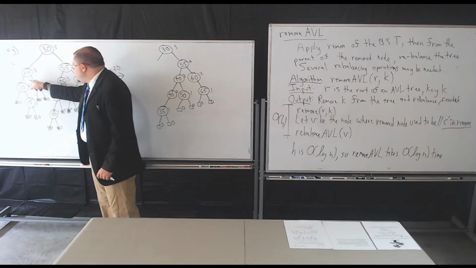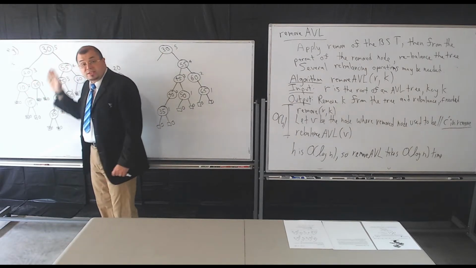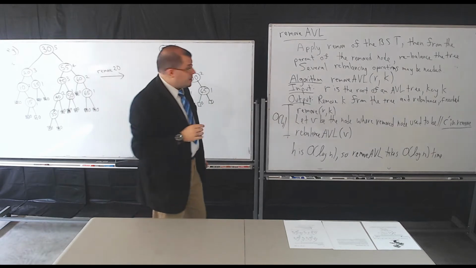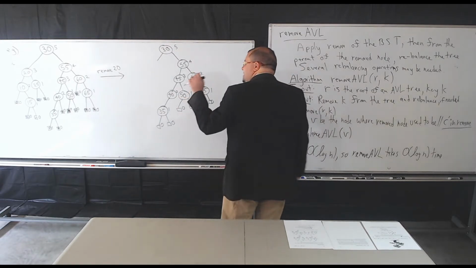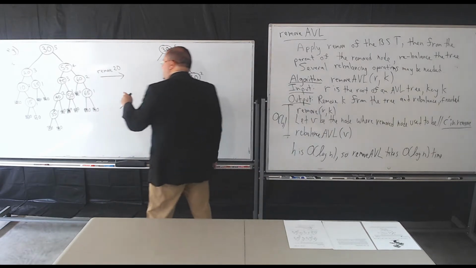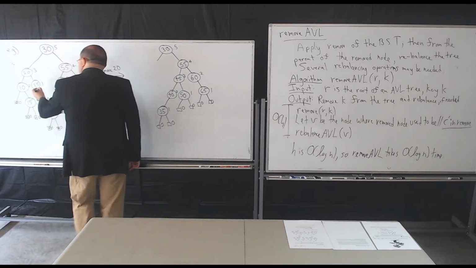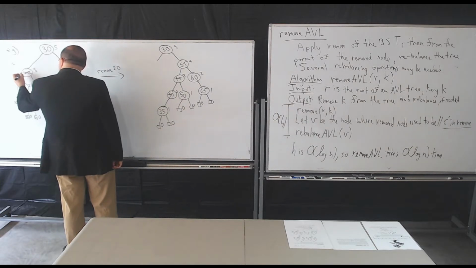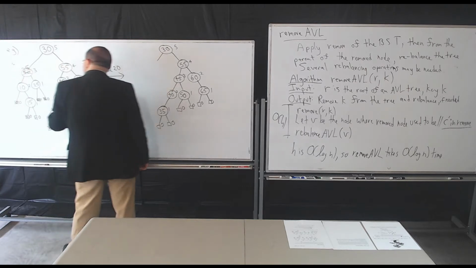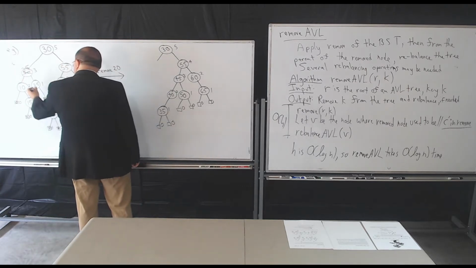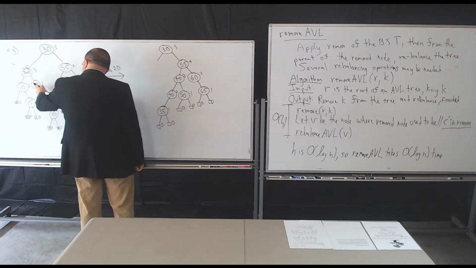That means I'm going to go to my right and pick the smallest, using the smallest operation, then copy its contents. So I'm going to take the 25 here, and put this record information here. Then I'm going to perform delete on this, the remove operation on this right here.